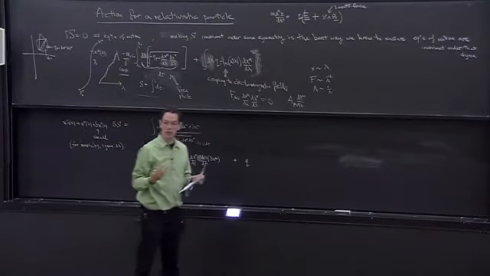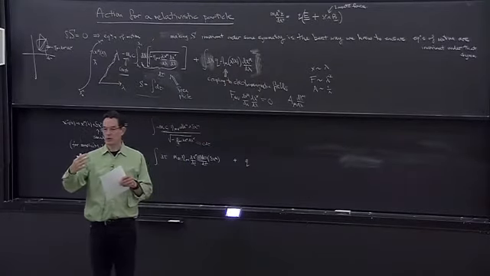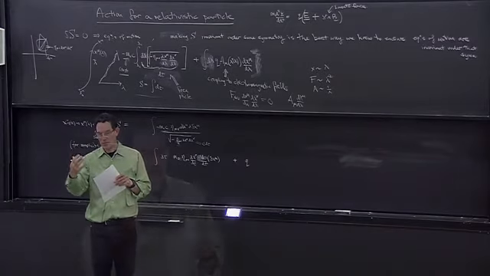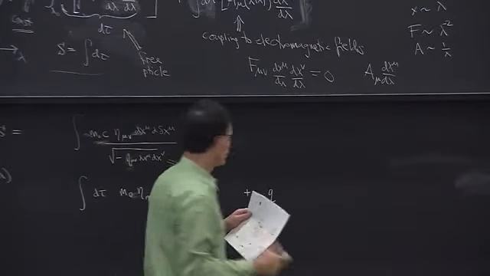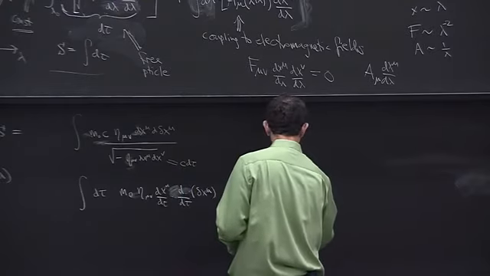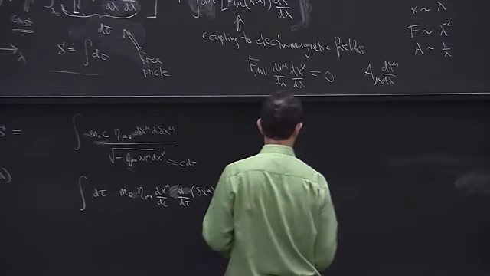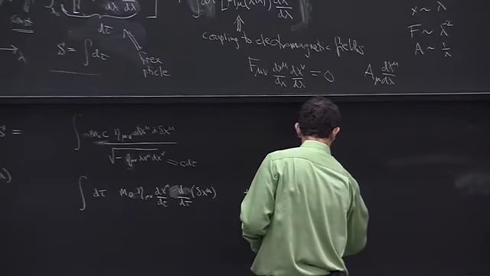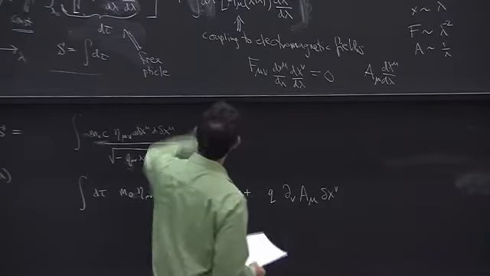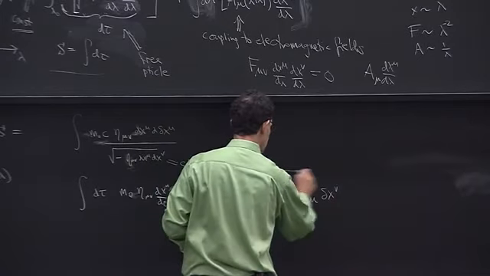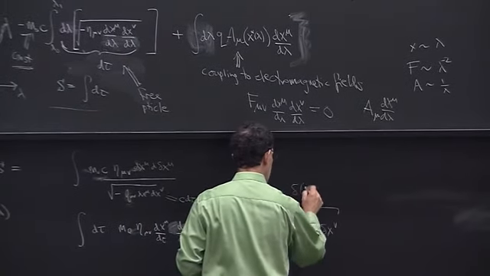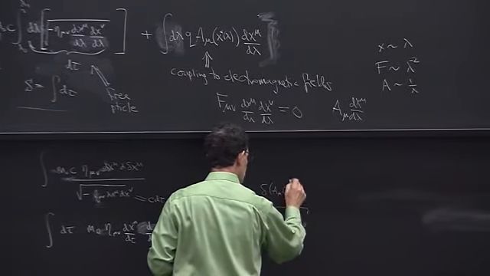So how do I vary A mu? You differentiate it with respect to the argument and then vary the argument. Okay, so just use the chain rule again. So I get d nu A mu times delta x nu. Okay, that's the variation. This thing is delta of A mu of x.